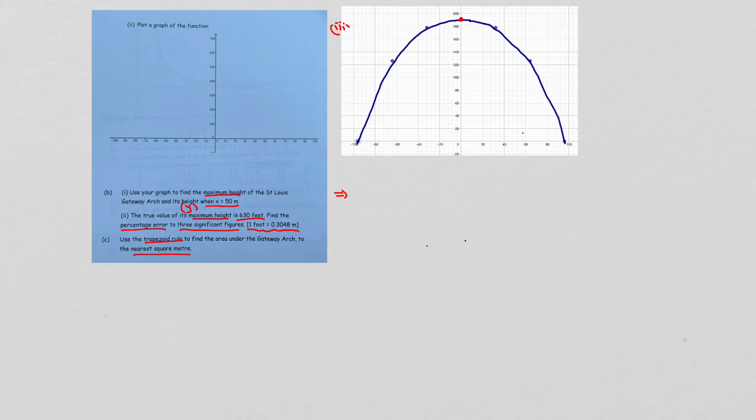So we say max height is equal to 192 meters. And then when x is 50, we go across to 50, and we go up, and we go across, and therefore when x is 50, y is approximately 155 meters.